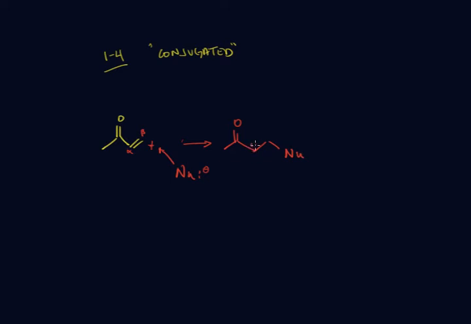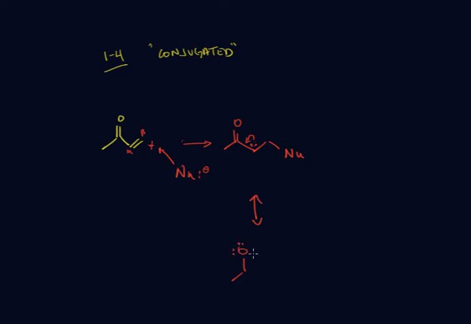Nucleophile. The extra pair of electrons came over to the alpha carbon, so you've got this negative charge. And then at this point, you've got a couple options. You can rearrange, and these electrons can come right here and reform a double bond, pushing the electrons from the carbon-oxygen bond onto the oxygen.